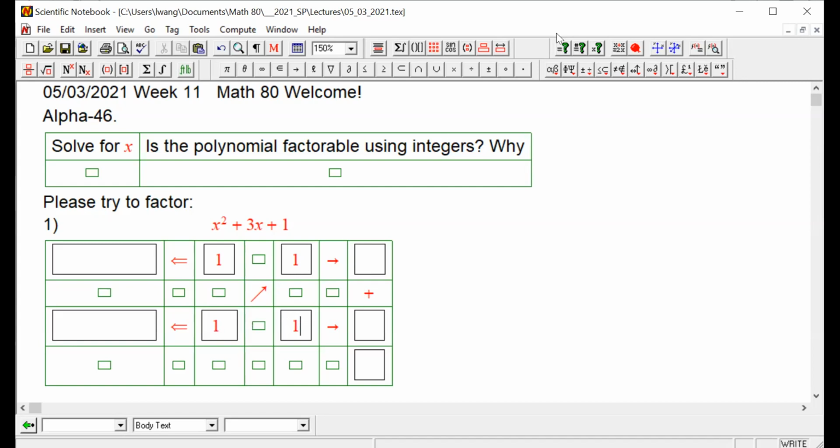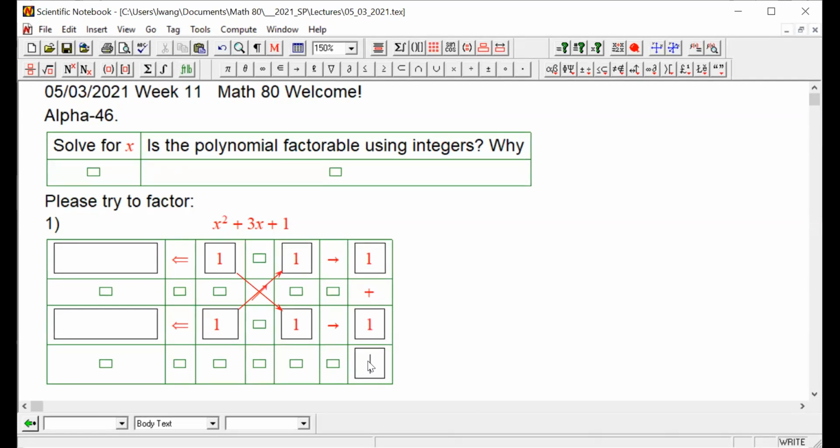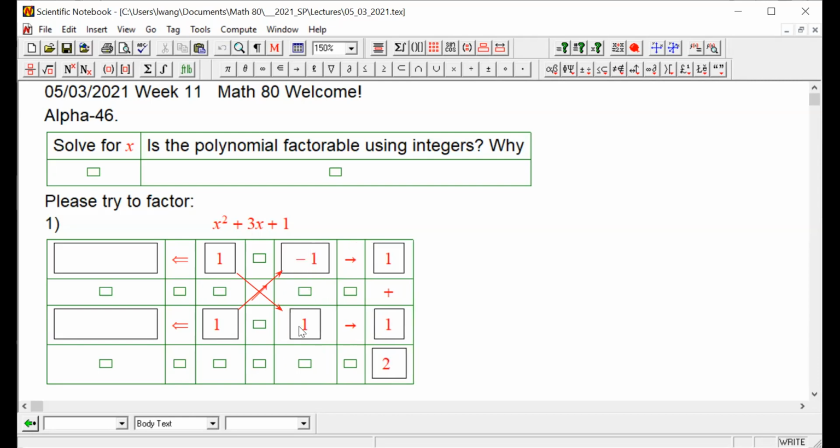And then cross multiplication: one times one is one, and one times one is one. One plus one is two. It doesn't match the three. It doesn't work. So let's try negative one. It still doesn't work.